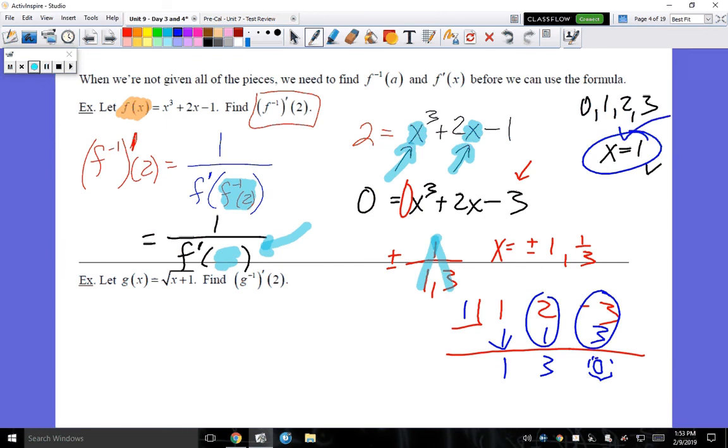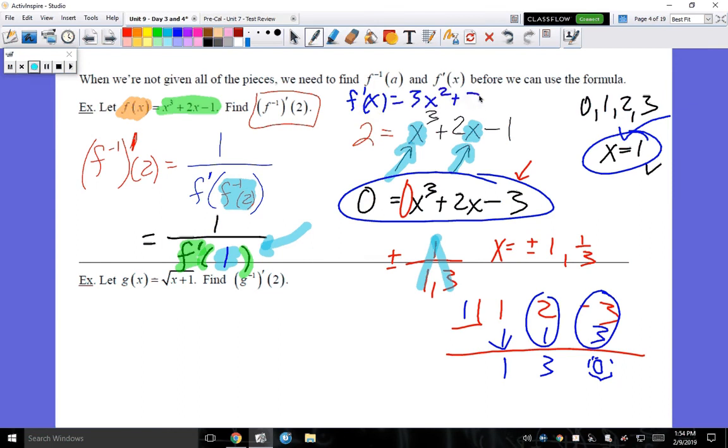So this was a zero of the function, which means it was a solution, and now I can put 1 right here. From here, all I have to do is take the derivative of my original f. So f prime of x equals 3x squared plus 2.